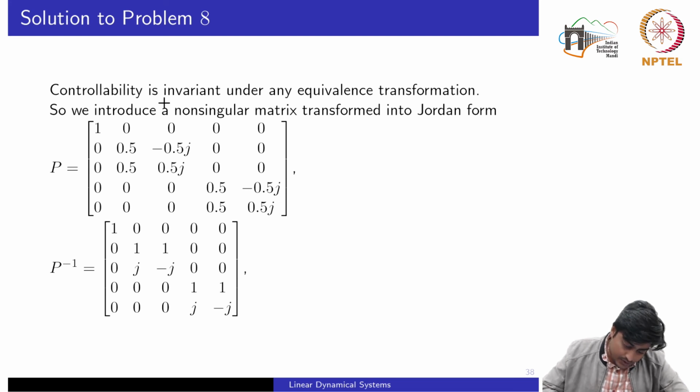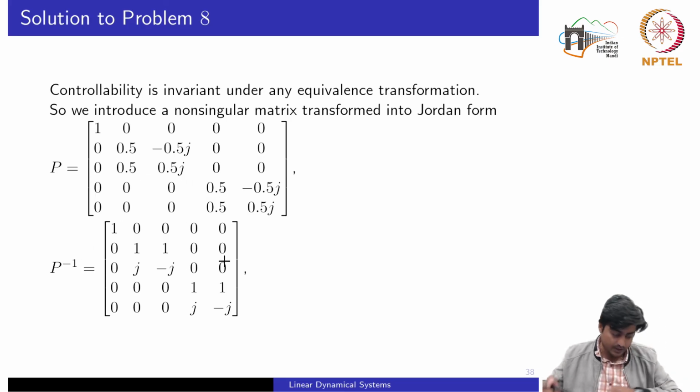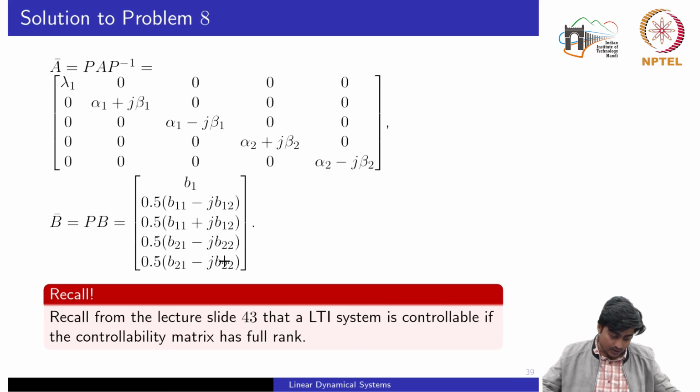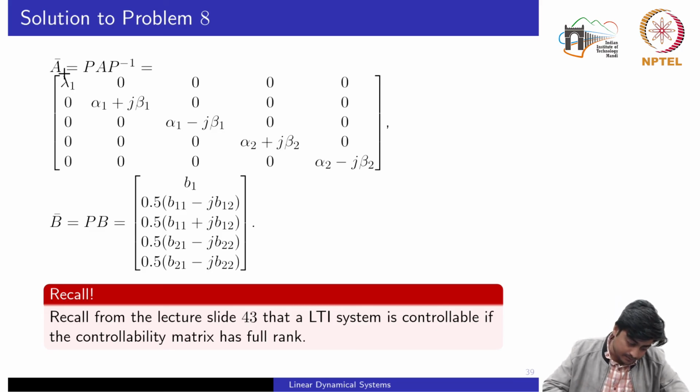So we know that controllability is invariant under any equivalence transformation. So we can introduce a non-singular matrix to transform into Jordan form. This matrix we have been using is P, computing this with P inverse, we get this. So computing this A bar, we have PAP inverse, which we have been seeing from the beginning.